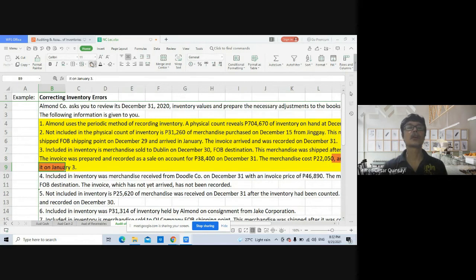So therefore, it is right that the inventory should be included in our possession as the company as of the cut-off period December 31, because it is FOB destination and it only reached its destination on January 3. So we will do nothing there.